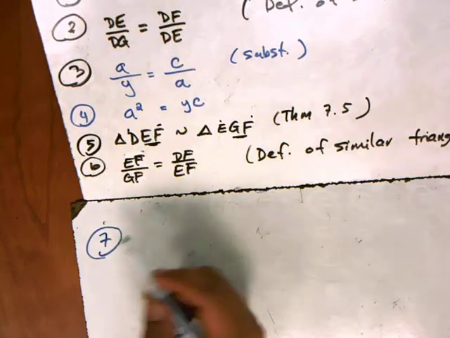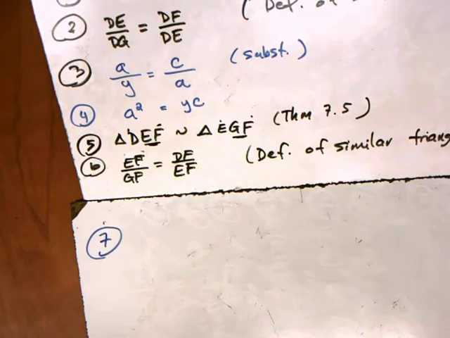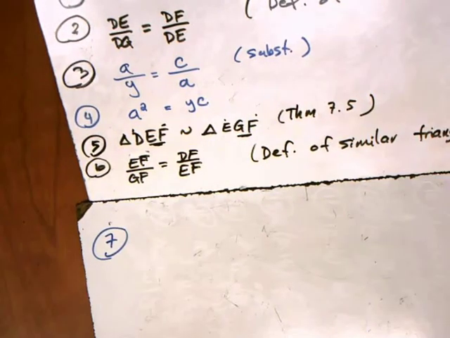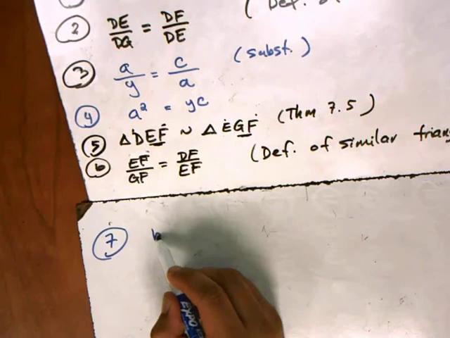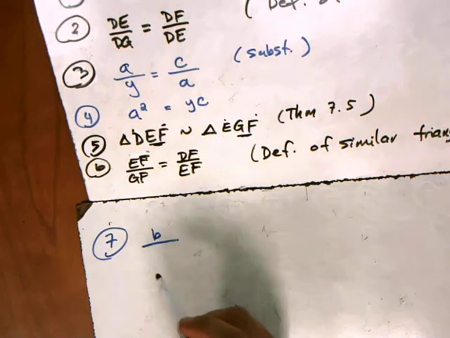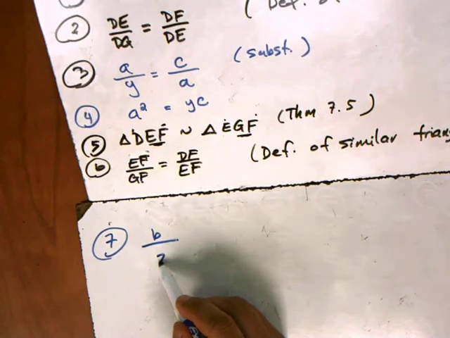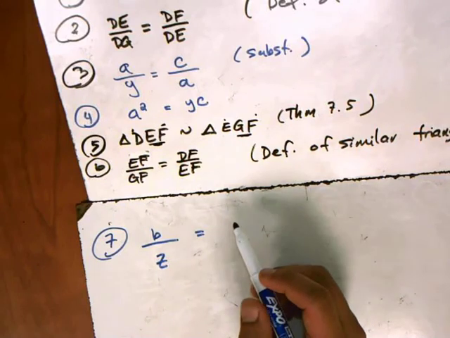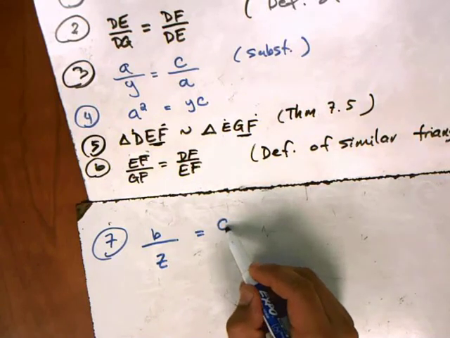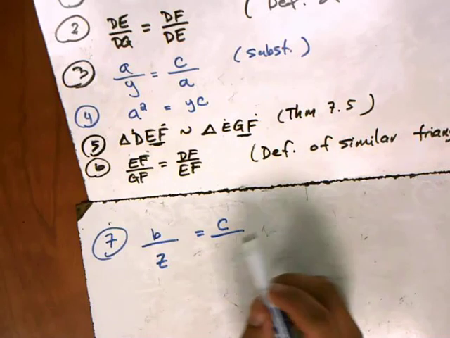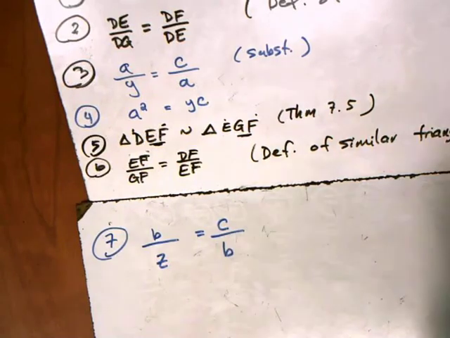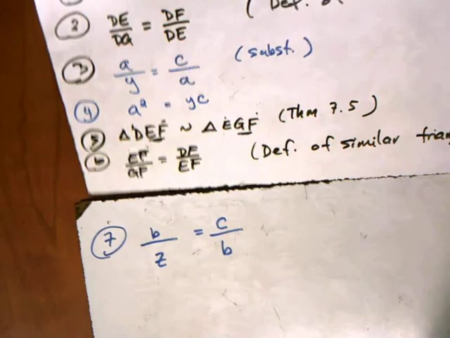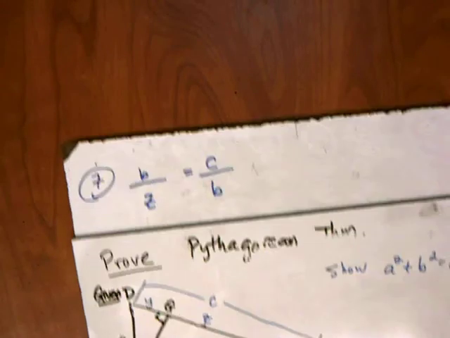To continue with this proof, I'm just going to substitute in the actual lengths here. EF on our picture has a value of B. GF is Z. DF is C. And EF again is B. Let me show you the picture so it makes a little more sense.